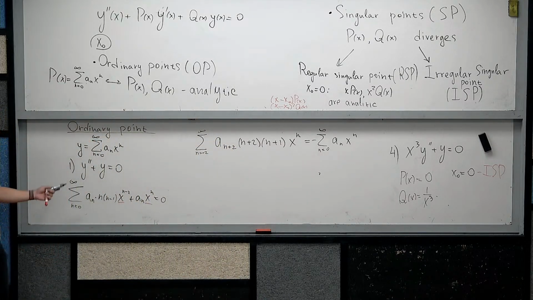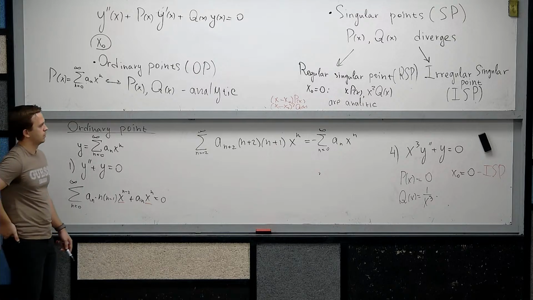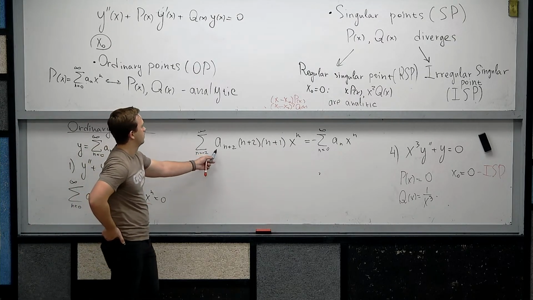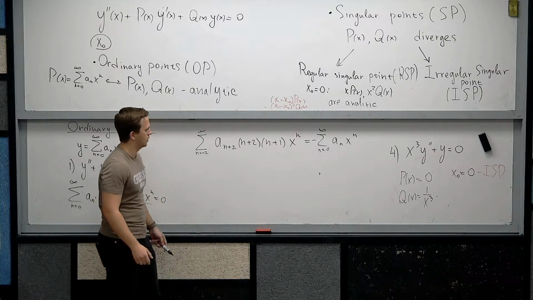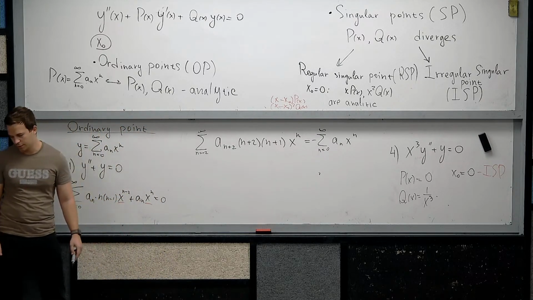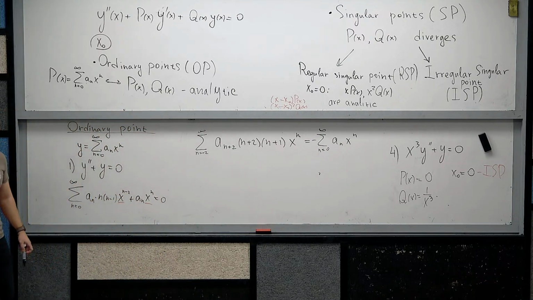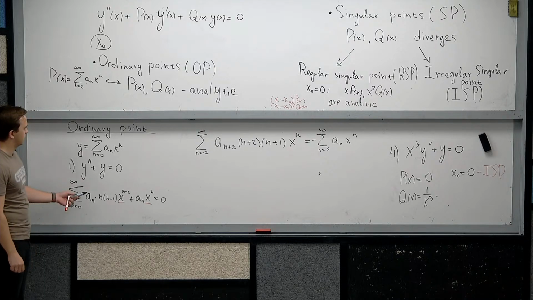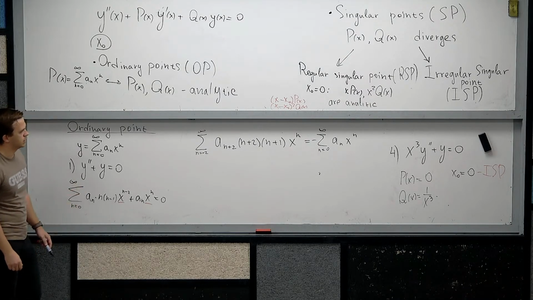So we do all of the calculations, then we get the relation between a n plus 2 and a n, and finally we will get that y is just the sum of sines and cosines.